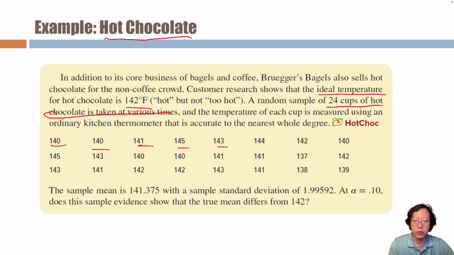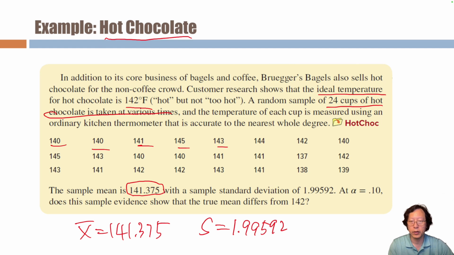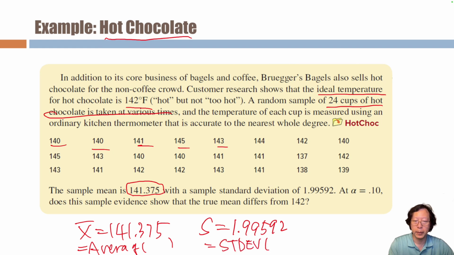So the sample mean, x bar, is 141.375, and the sample standard deviation is 1.99592. You can put these numbers into Excel and calculate the average. For the sample standard deviation, just use the standard deviation function. Then you can calculate this.